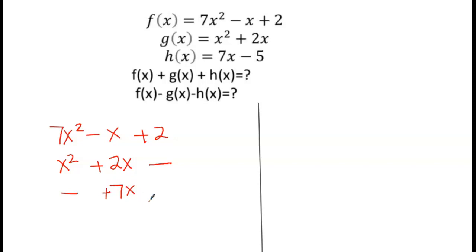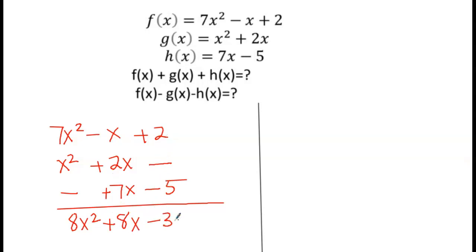So plus 7x is positive, so plus 7x. And then minus 5. And we add, this is 1 here, so we got 8x squared. Here negative, positive, so we get 1 out from here, then it becomes 8x. Then here 2 minus 5 becomes negative 3 as such.